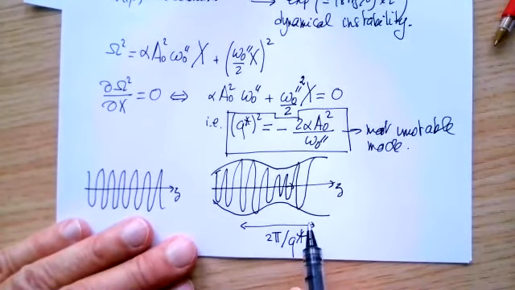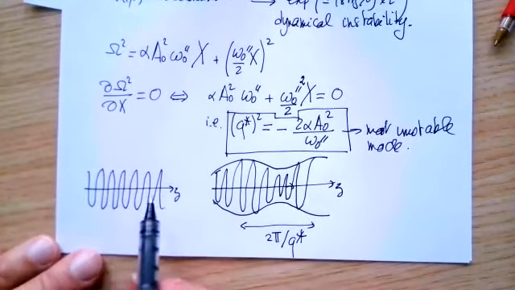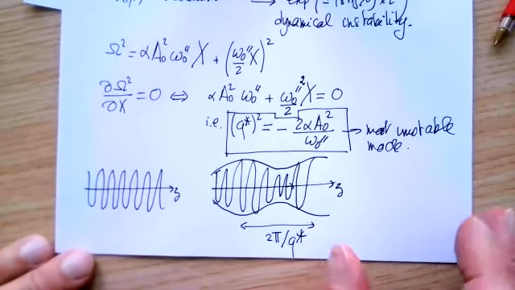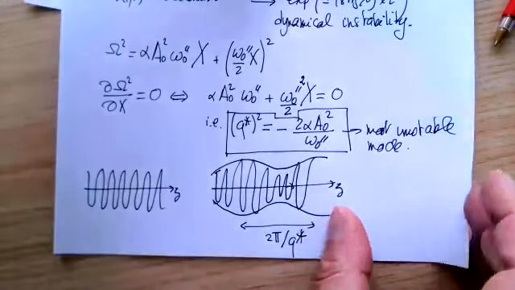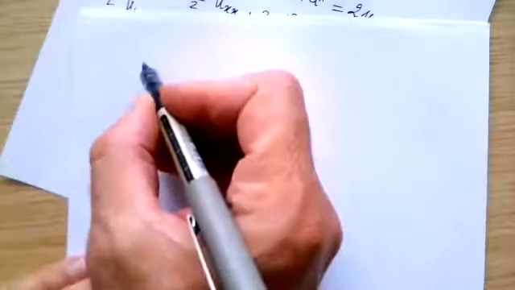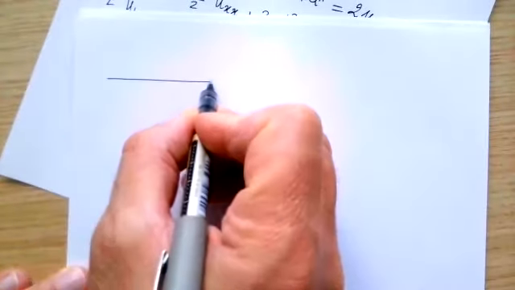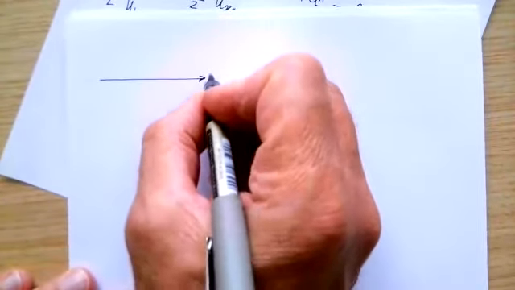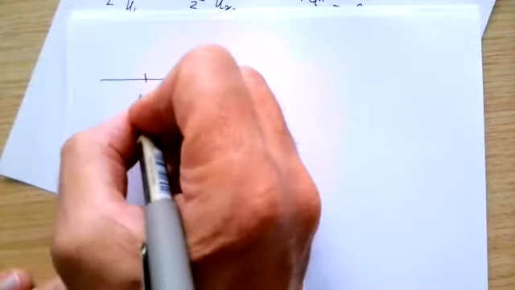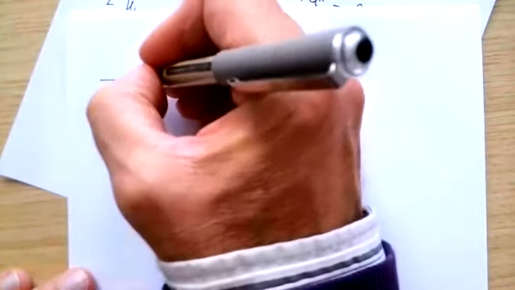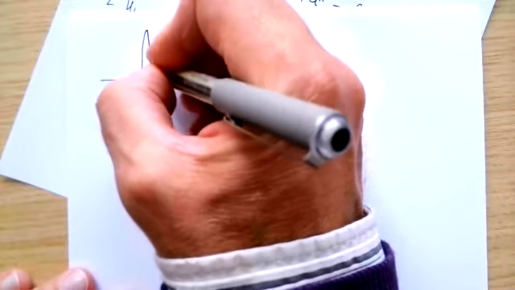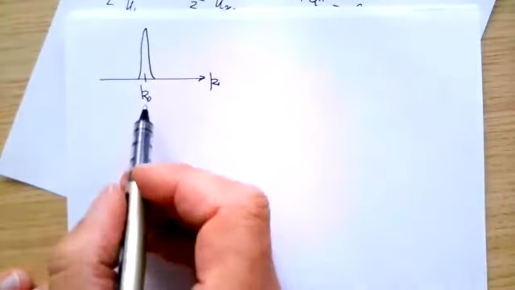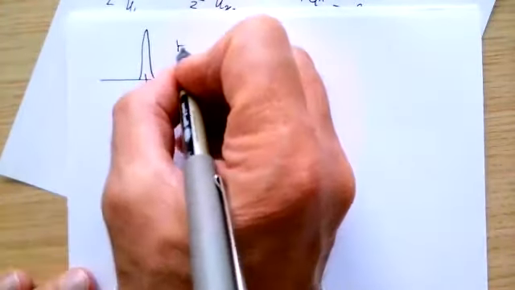Okay, so if one performs a Fourier transform of this function, the plane wave initially will, as a function of k, be centered around k naught, at t equals 0.